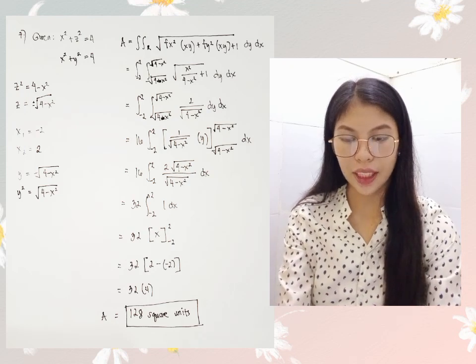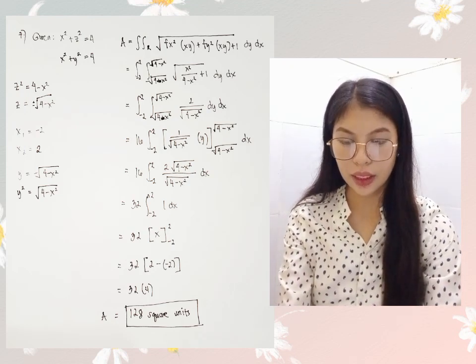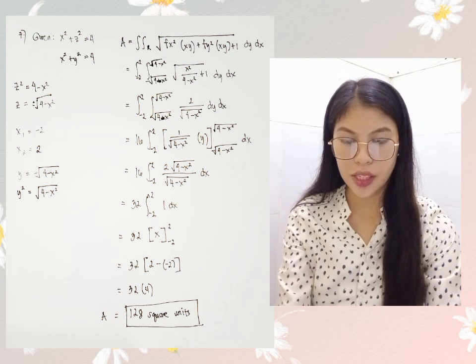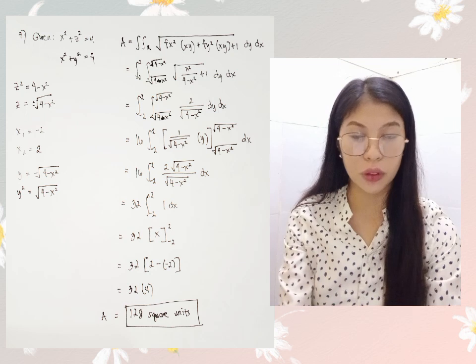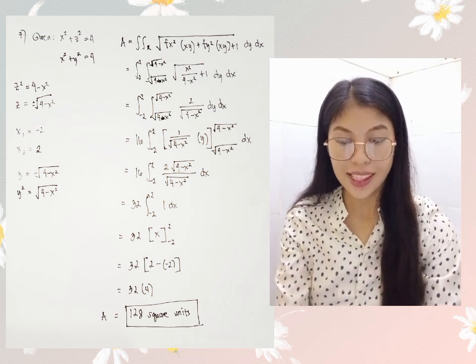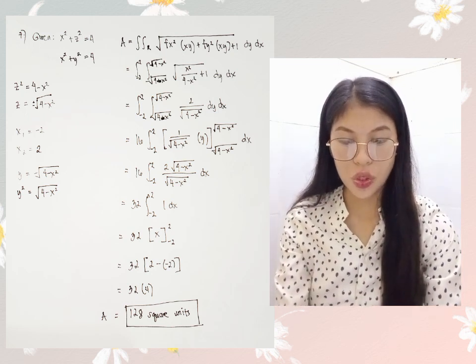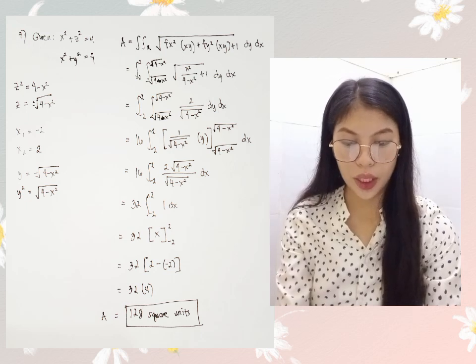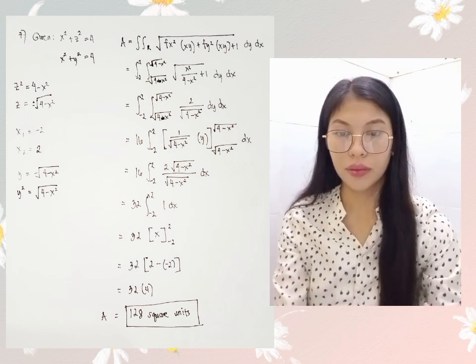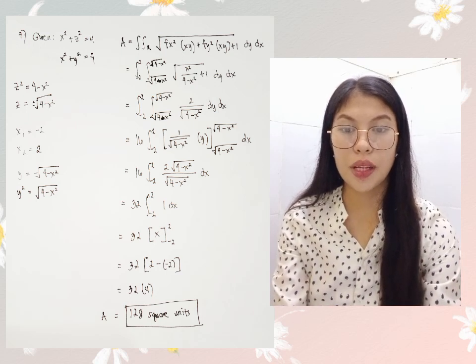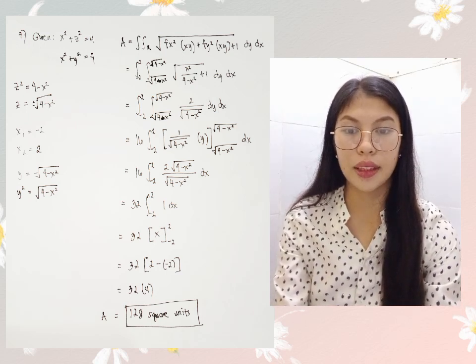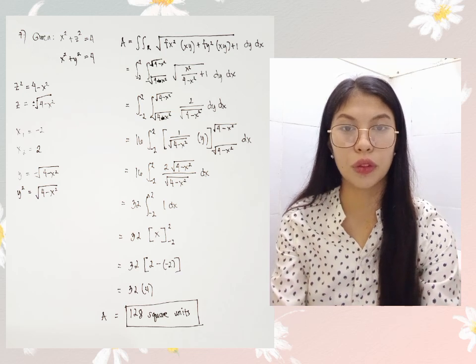So for the last item, we have item number 7. Find the area of the surface of the portion of the cylinder x squared plus z squared equals 4 that is inside the cylinder x squared plus y squared equals 4. So we have our given x squared plus z squared equals 4 and x squared plus y squared equals 4.